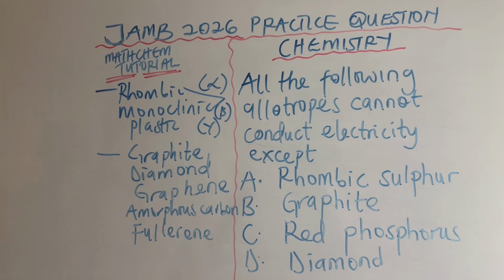Now look at all these five allotropes of carbon: graphite, diamond, graphene, amorphous carbon, and fullerene.